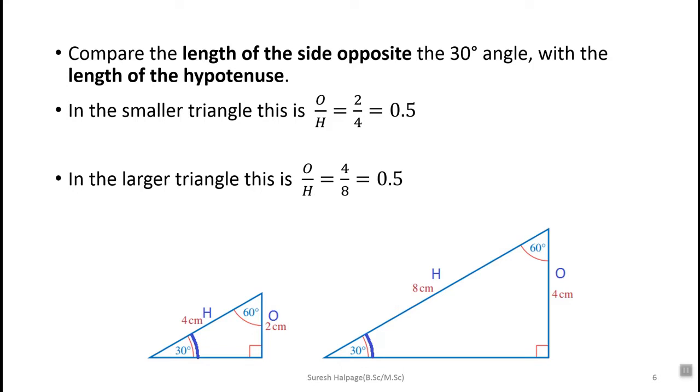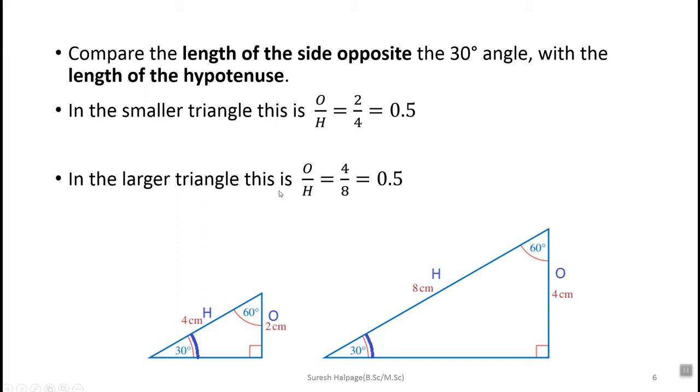Compare the length of the side opposite the 30 degrees angle with the length of the hypotenuse. Smaller triangle: opposite over hypotenuse, 2 over 4, 0.5.